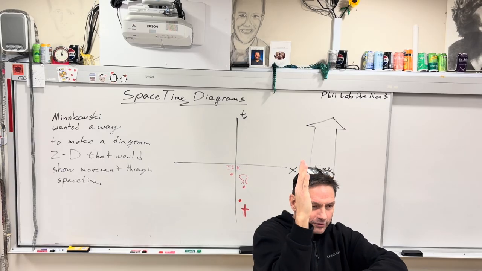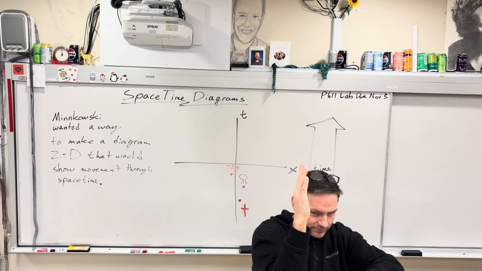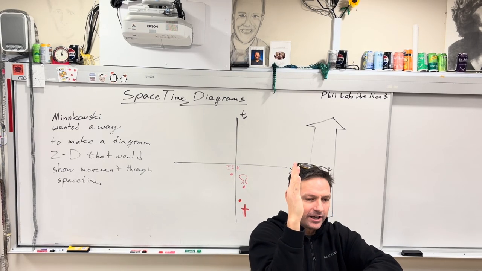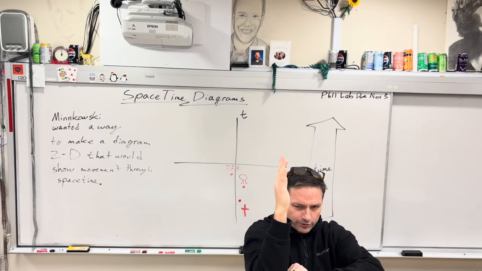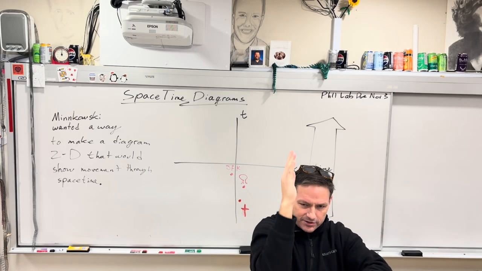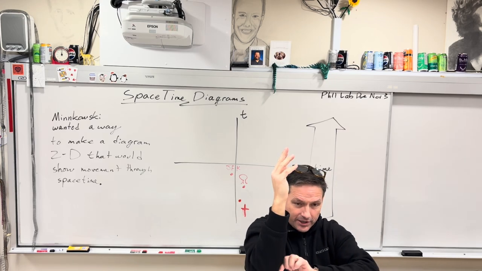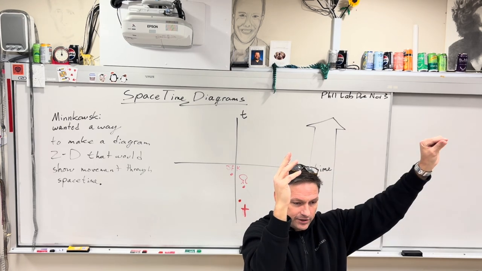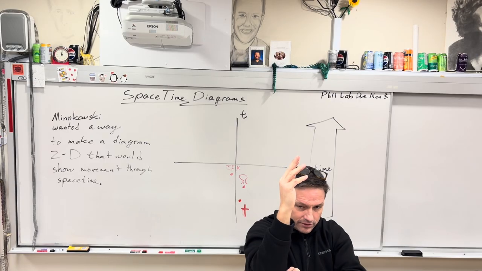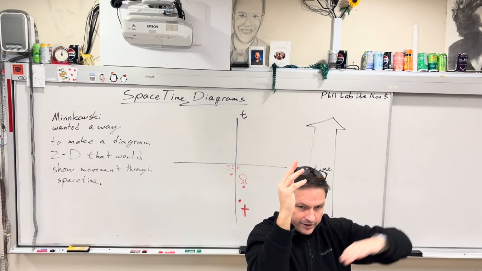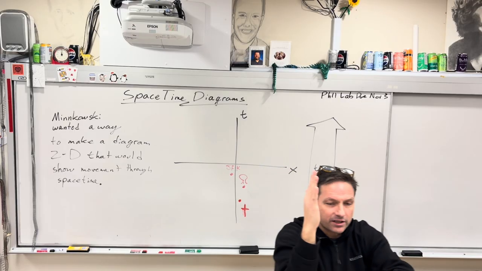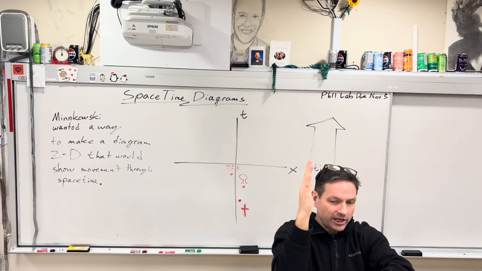Now, when you move fast, if you have an event and you're going to move through space and time, if this is time and this is space, you know it's going to go at an angle. So you have a train going along at a constant velocity. If you go fast enough though, you're going to see a change in time.